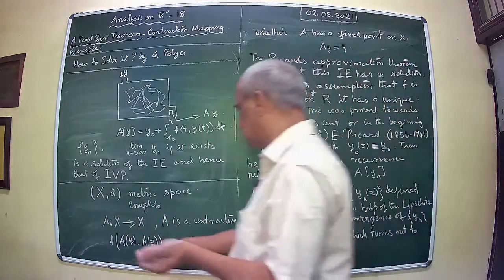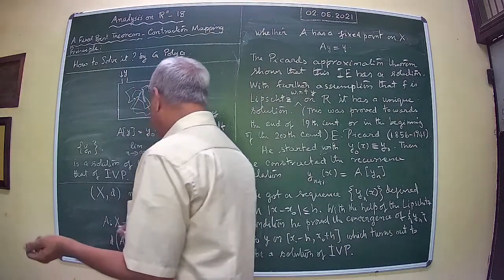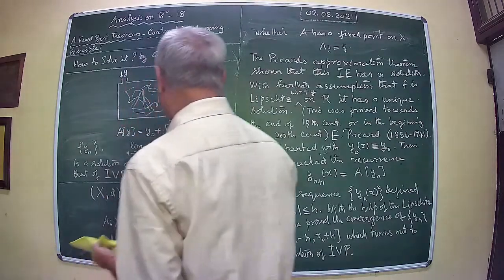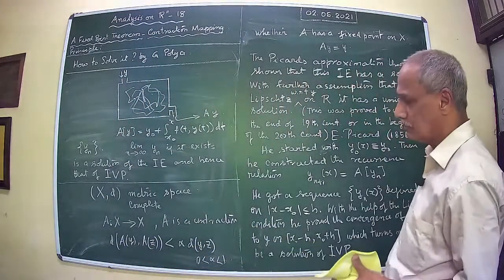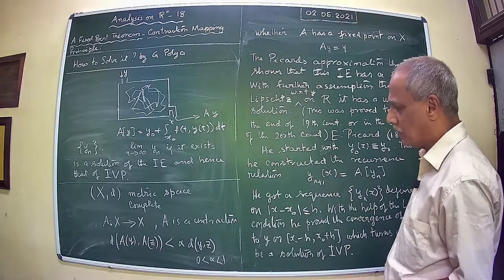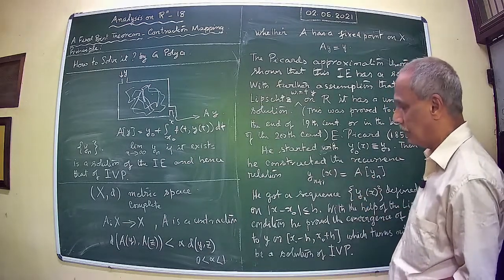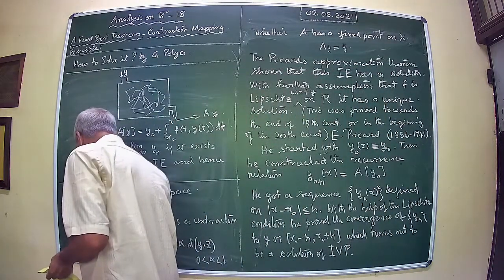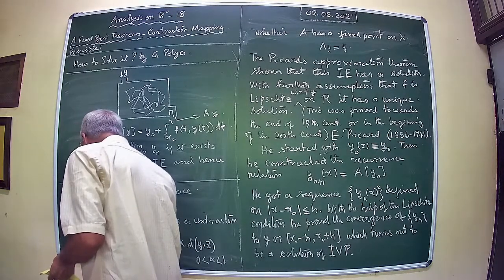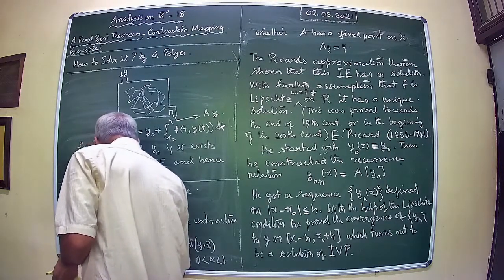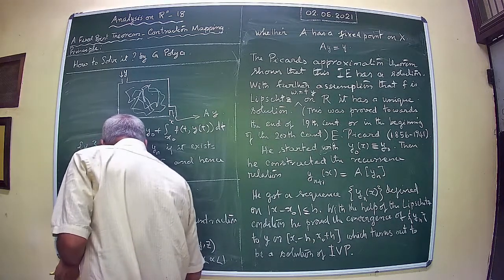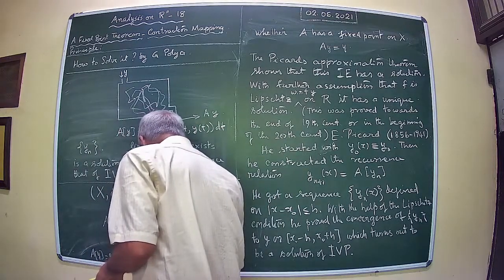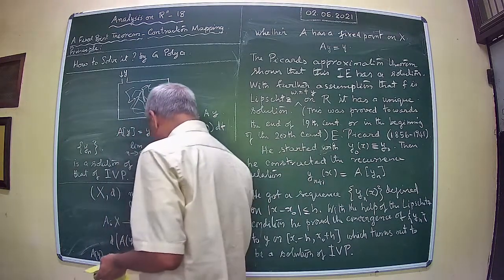And of course this implies A is a uniformly continuous function on X. Then what we can conclude from the analysis that we have done is that the equation AY = Y has a unique solution.